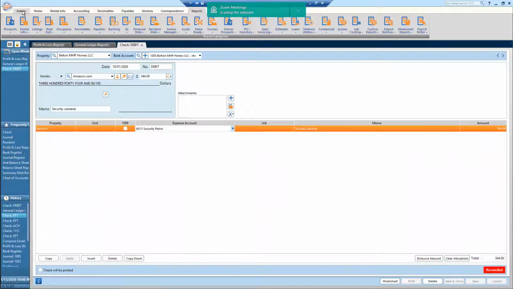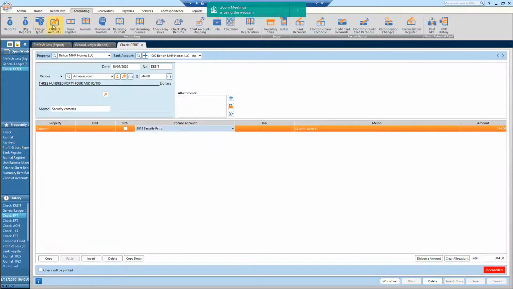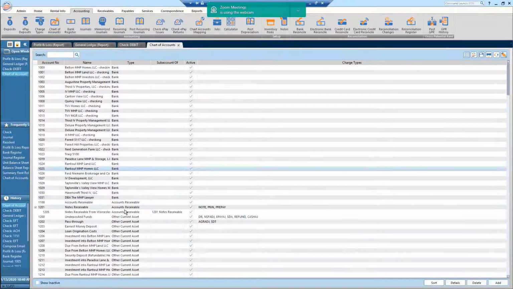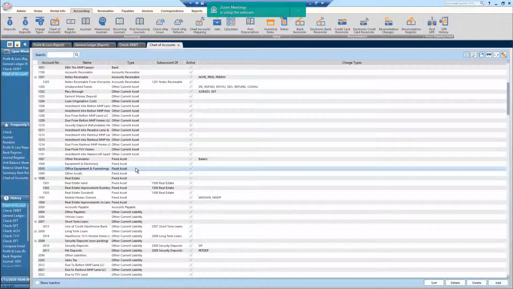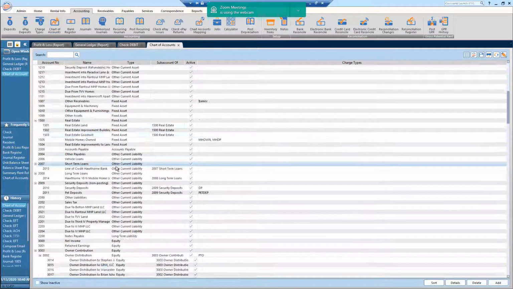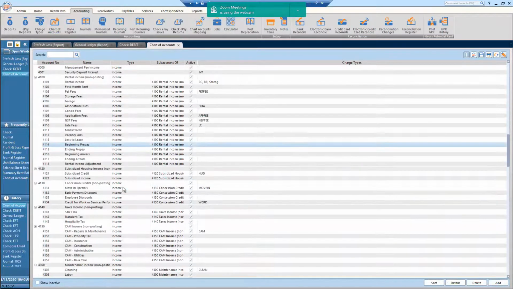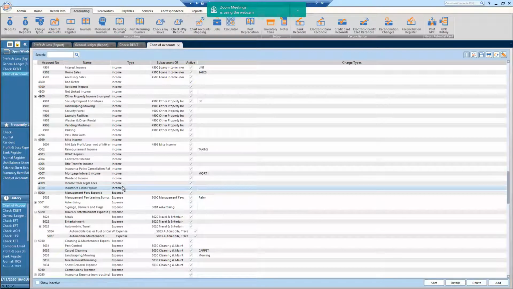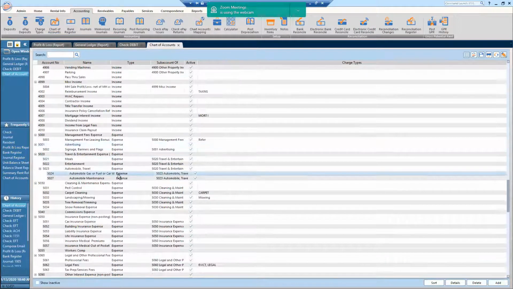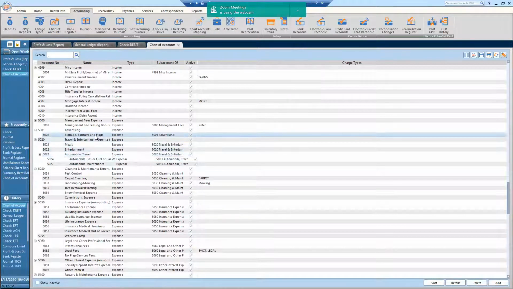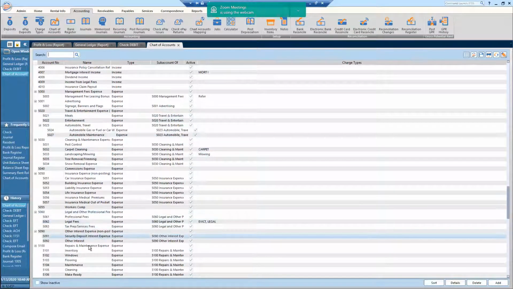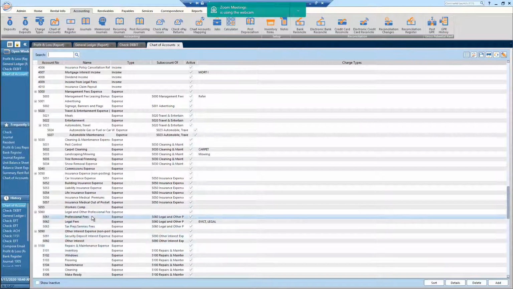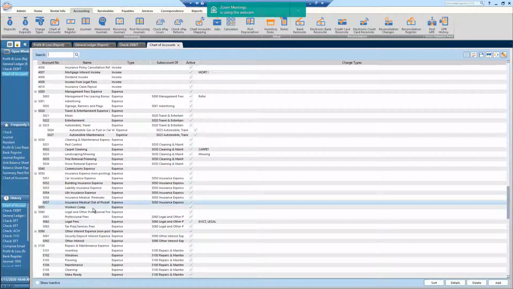Over here under accounting, they have chart of accounts. This is your standard GAAP chart of accounts. Well, I added in all those checking accounts because those are per each property, and I've got some stuff with investors and all that. So I'm going to go down to the expenses, which are at the 5,000 level. I'm going to look at some of these expenses and see what's better than security patrol, because it's really more equipment, but it's security related.